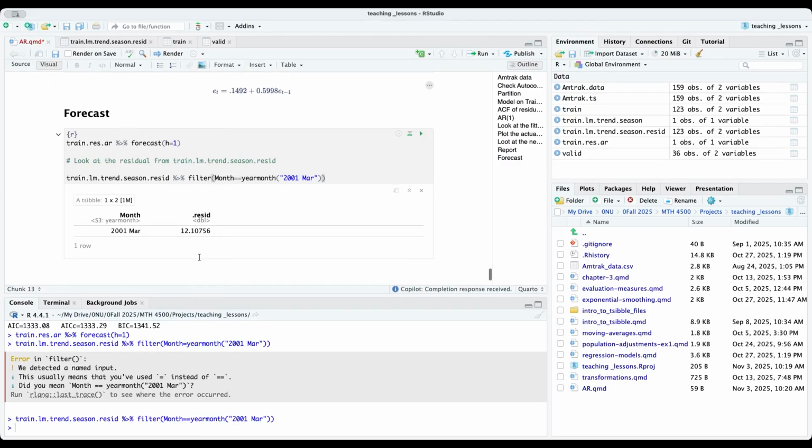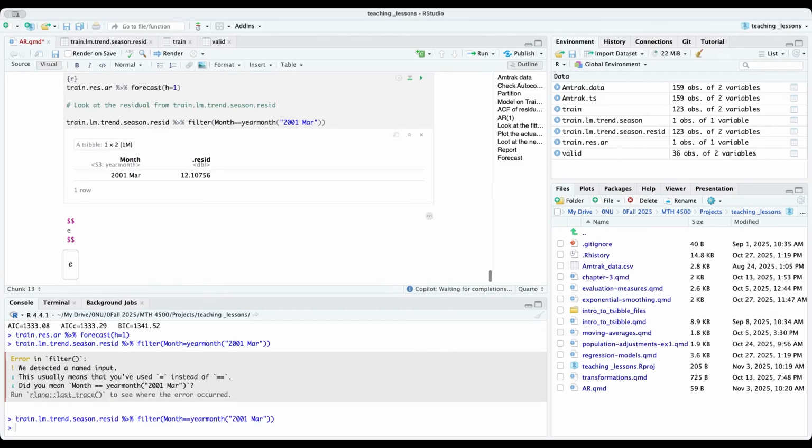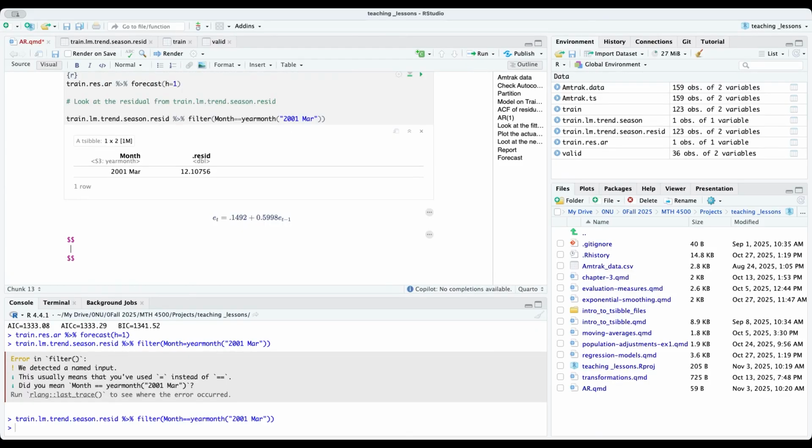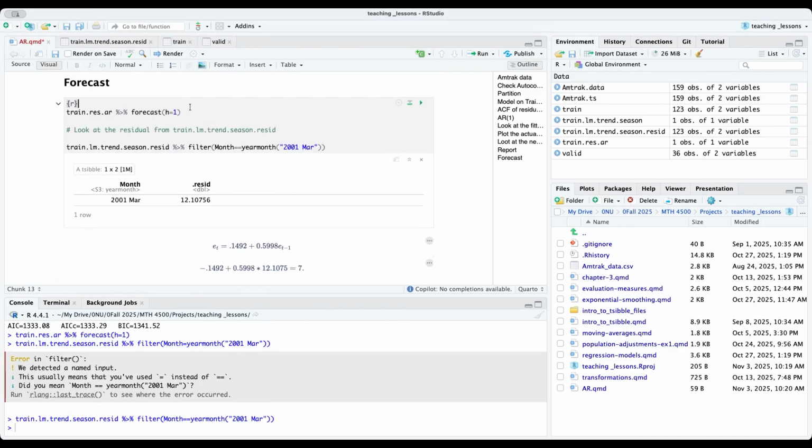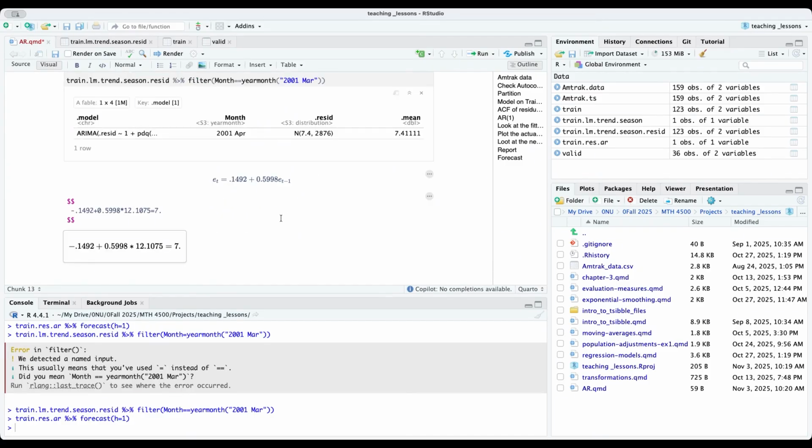So if I just plug in the whole thing, 0.1492 plus 0.5998 times 12.1075, it's going to be equal to 7.4.